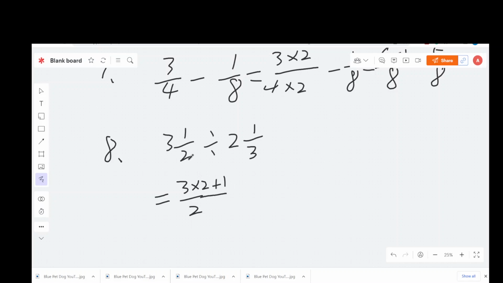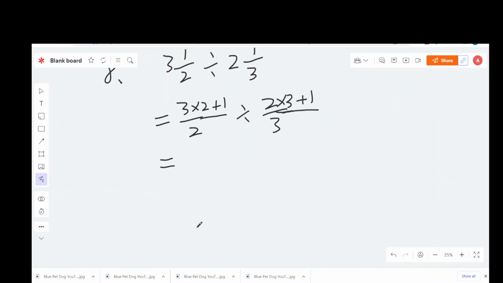Okay, 2 times 3 is 6 plus 1, 7. 3 times 2 plus 1, and divide 2 times 3 plus 1.